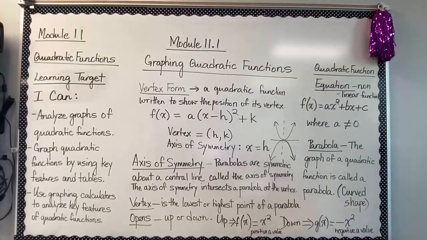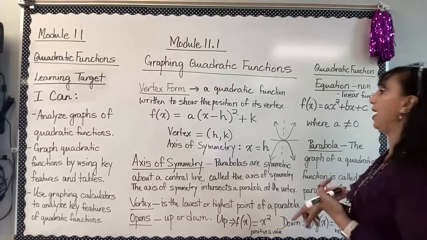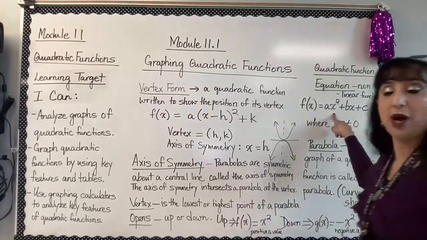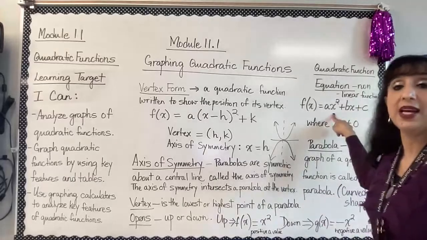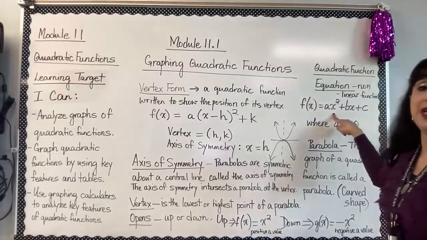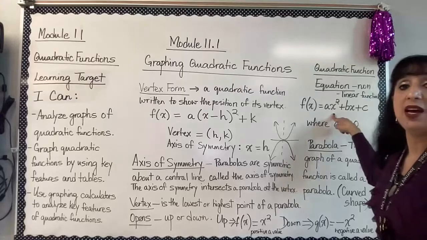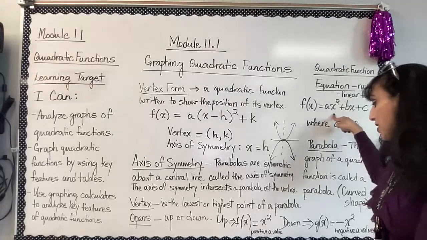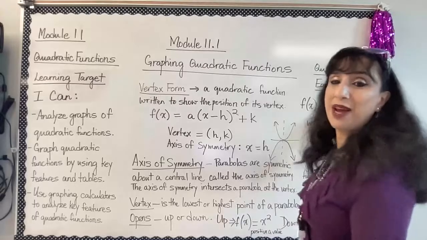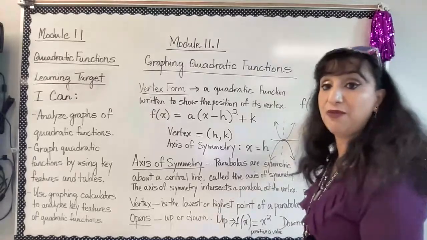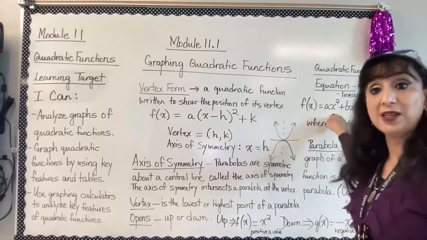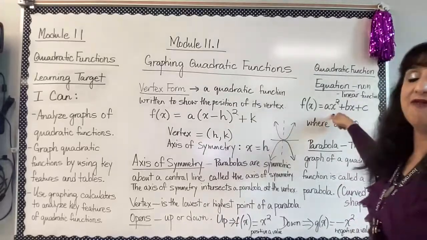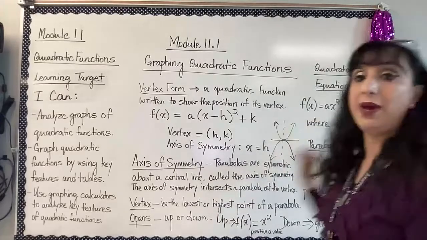Then if f of x is equal to x squared, that means it is a positive a. If my coefficient is a positive value, then it's going to open up. If it is a negative value, it is going to open down.